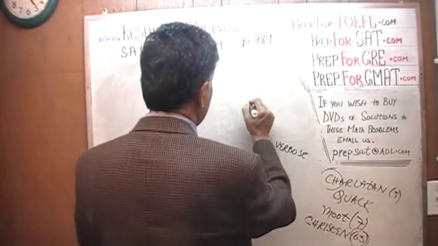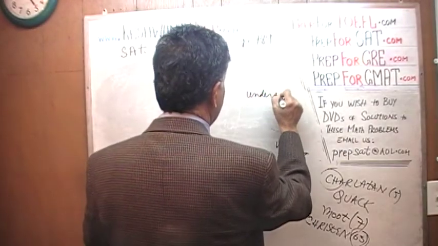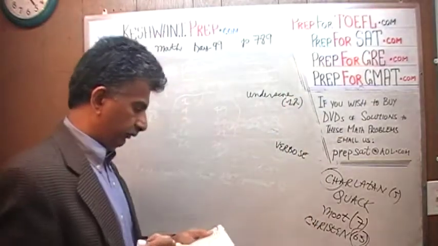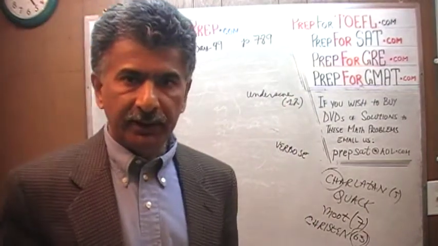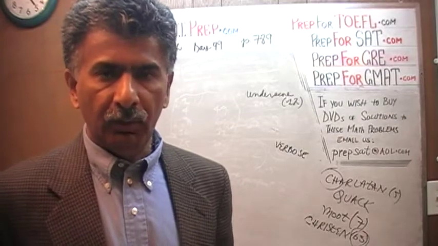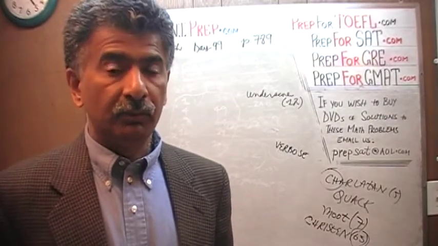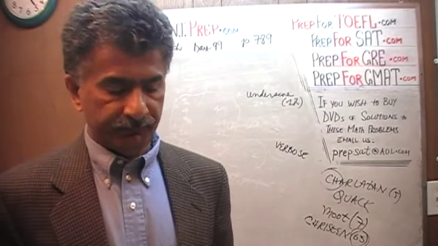Underscore was something that we learned on day number 12. Just type in vocabulary day 12 and you will learn the word underscore along with some other good words to know that will help you improve your score in the reading portion of the exam.